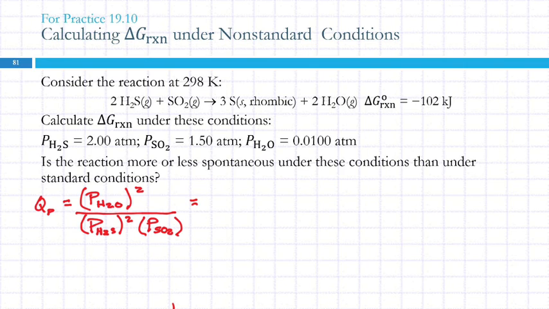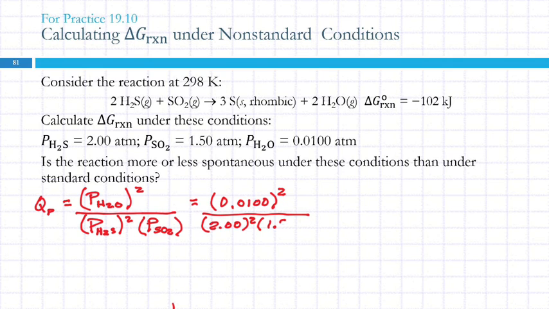Okay, so I've got these values, I'm going to plug them in. Just be careful because they're easy to mix up. H2O 0.0100, it's going to be squared. H2S 2.00 squared.